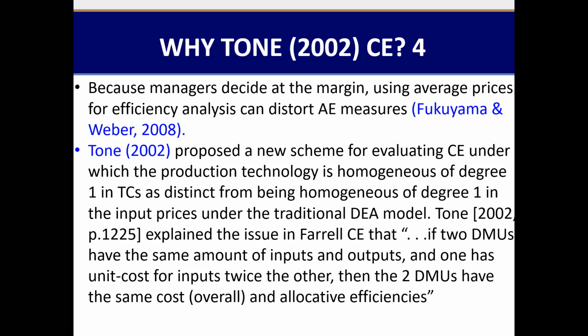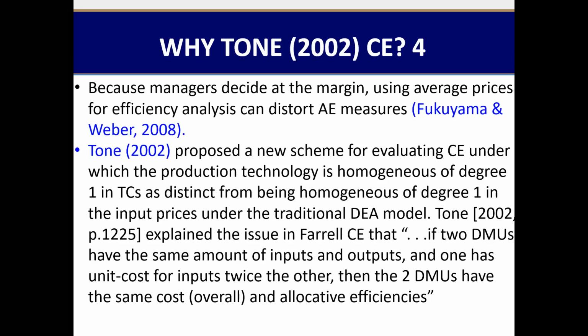And look at how he put it in his argument. He said that if two firms have the same amount of input, the same amount of output, and one has a cost of input twice that of the other, so firm A has cost twice that of B, then the two firms must have the same overall cost efficiency.